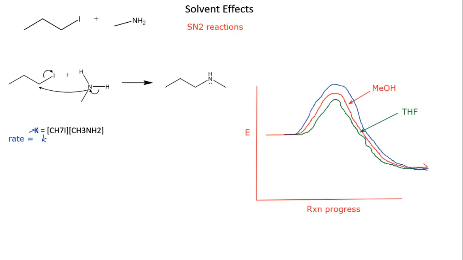And there you have it. So for SN2 reactions, ideally it prefers aprotic polar solvents, which have the lowest activation energy compared to a polar protic solvent and a nonpolar solvent.